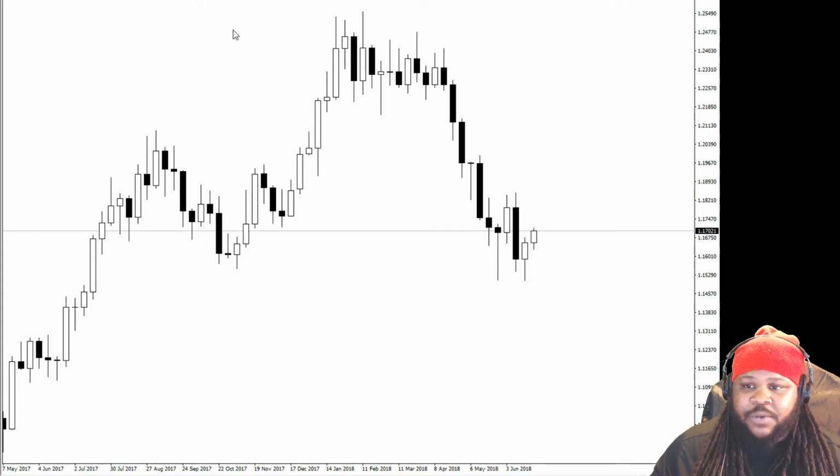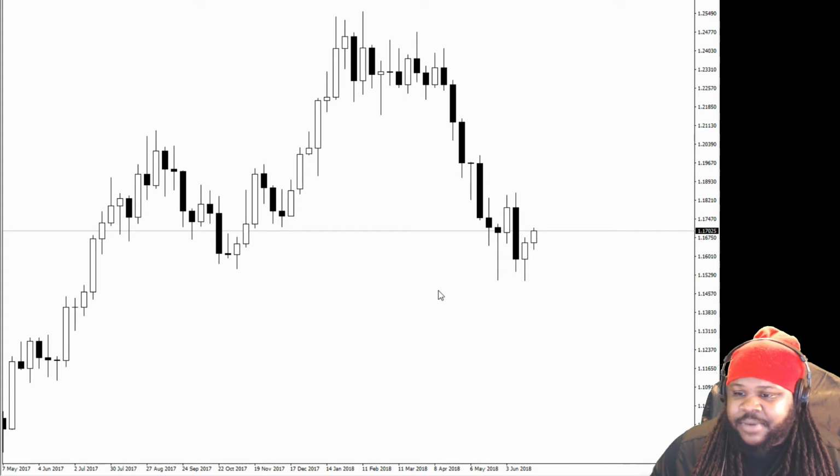So if you were to look at the Euro USD, I want to put a little bit of color on this so it can look a little better. Let's try this out. Let's try the bars with a green outline, and we'll probably keep that black.